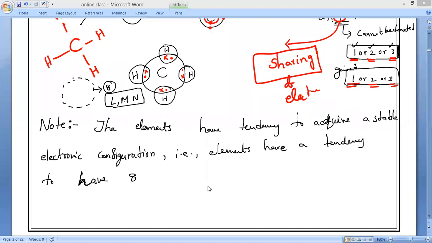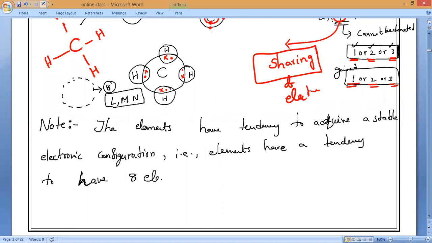What is that case? Anyone? Which shell is it having? K shell. That is what you have to remember. So, elements have a tendency to have 8 electrons, or in a few cases 2 electrons.